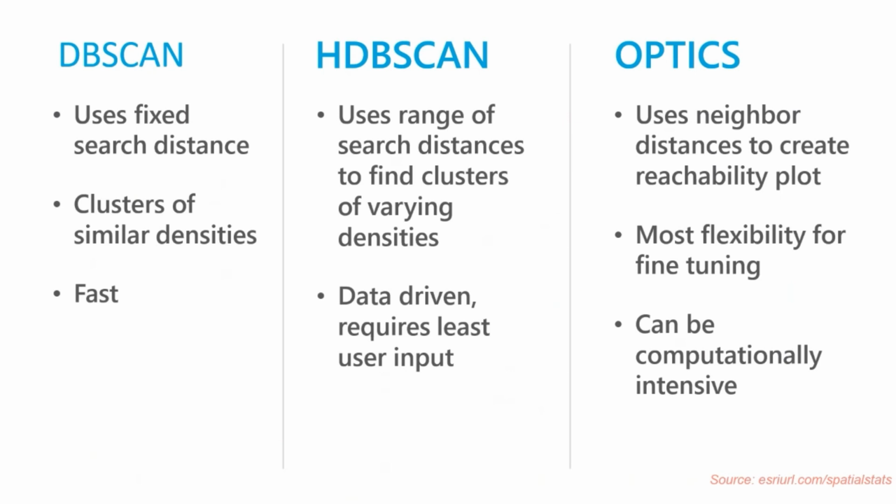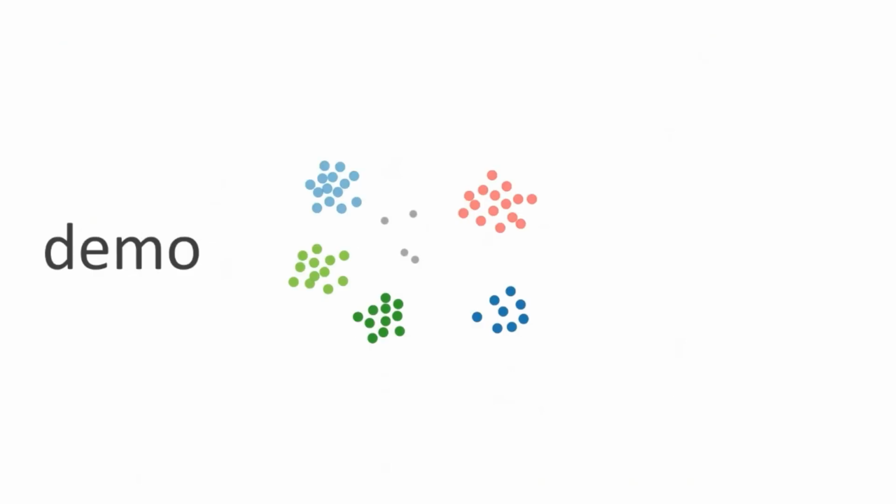And OPTICS uses the concept of the reachability plot, which is very useful to fine-tune your clusters. Since we are trying to identify the distances of each point and reachability distances, this can be computationally intensive. So if you have time in your hand and you would like to do a very good clustering analysis, OPTICS would be a good place to start.